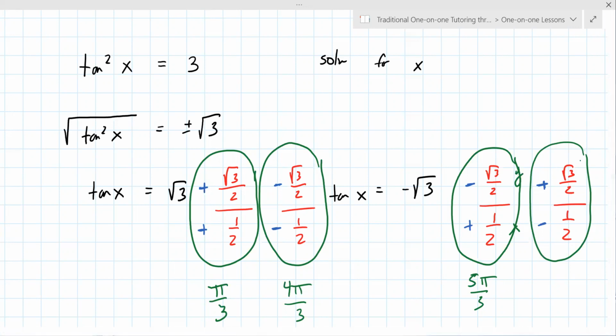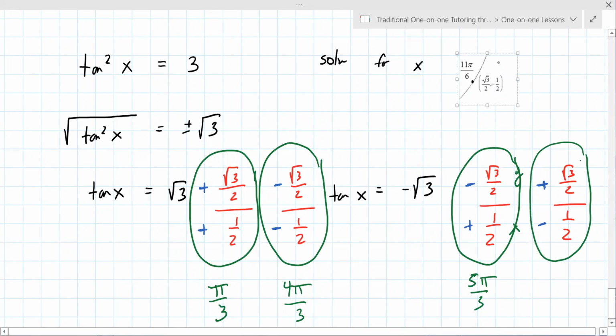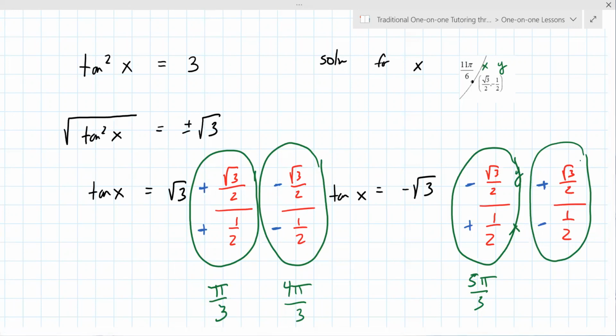Let me grab a snip here. So 11 pi over 6, the y is minus 1/2 and the x is √3 over 2. You're looking for the switch of that.